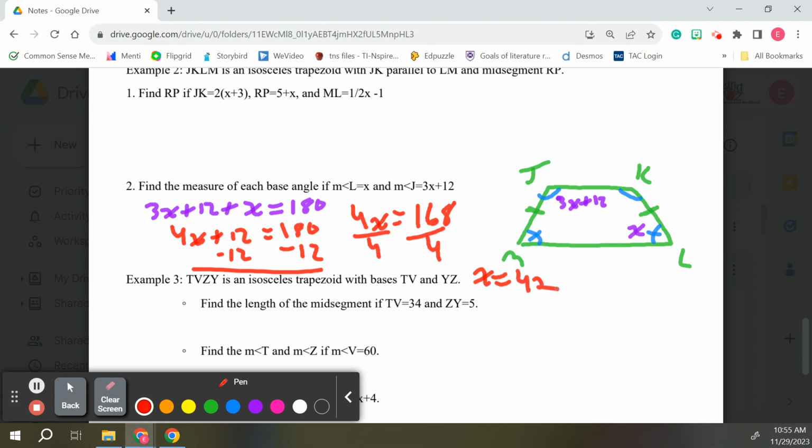So I'm going to take this 42 and I'm going to substitute it in. So this is going to be 3 times 42 plus 12. And this is just going to be 42. So angle L is 42.